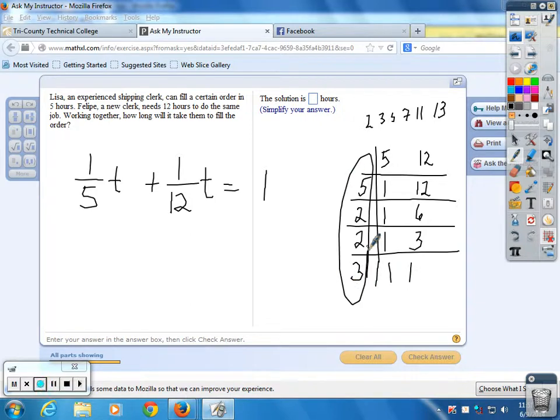So 2 times 2 times 3 times 5, so 60. And you got to be careful there because some people multiply the denominators together and get some big number, and it's not the lowest common denominator. So you got to be careful when you multiply denominators.